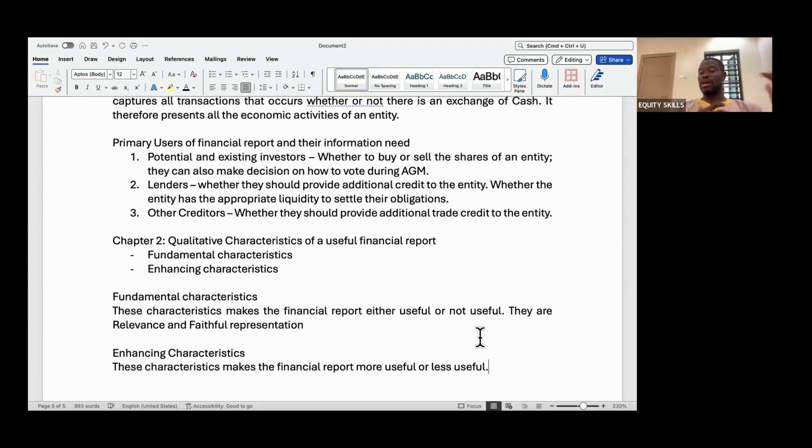So if it doesn't have these enhancing characteristics, it will be less useful. So, I mean, it's just better for it to be more useful by having them, right?